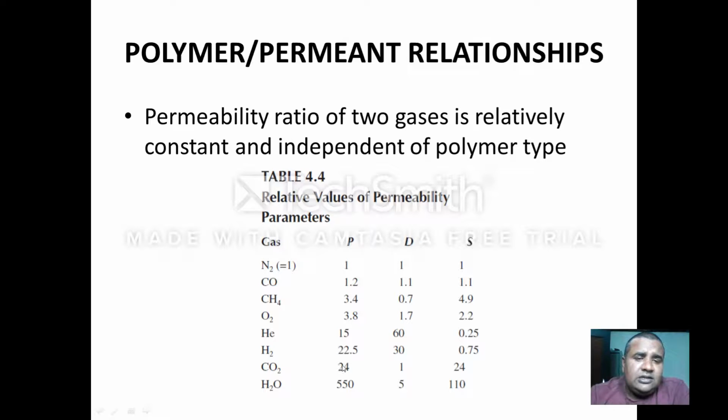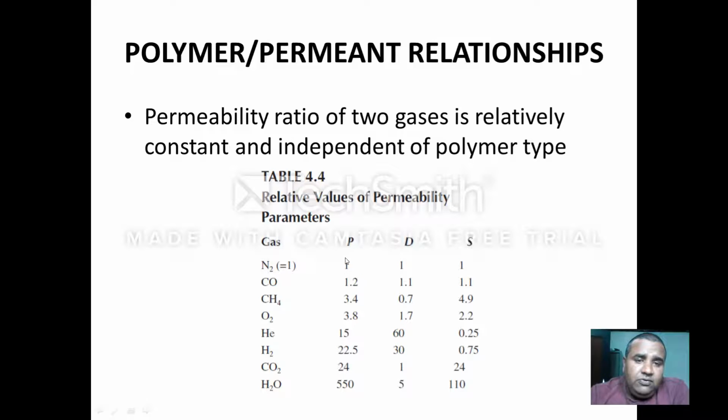So you can say that the permeability of CO2 is 6 times that of oxygen, and if we compare the permeability of carbon dioxide with nitrogen, then the permeability of carbon dioxide is 24 times that of nitrogen. So it means that they have a fixed ratio.